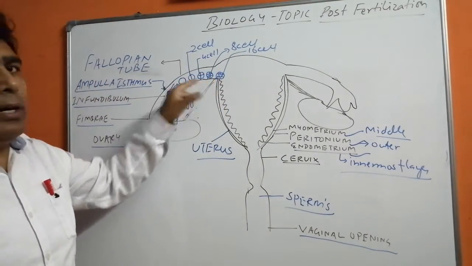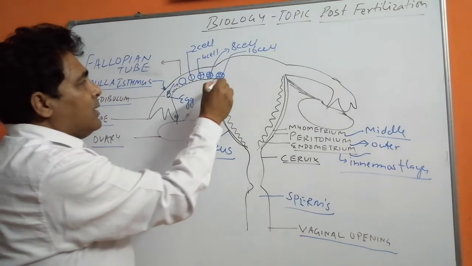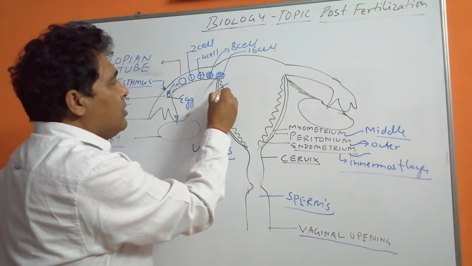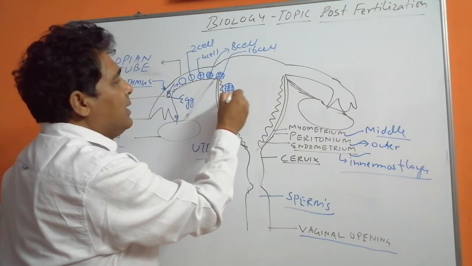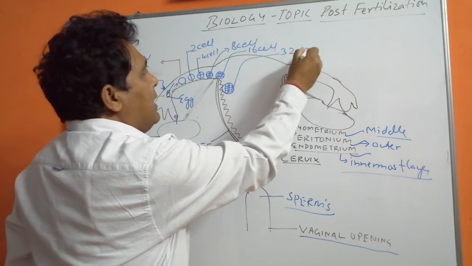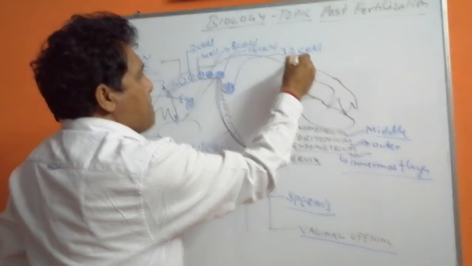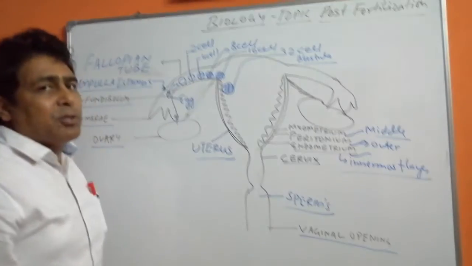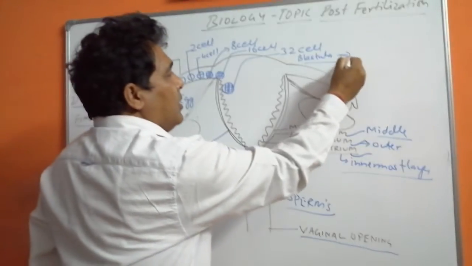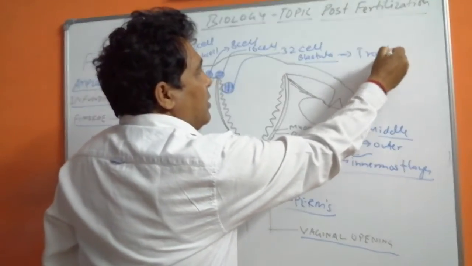It forms a morula, and this morula then afterwards is going to convert into a 32 cell stage. This is the 32 cell blastula. Now this blastula changes into trophoblast.